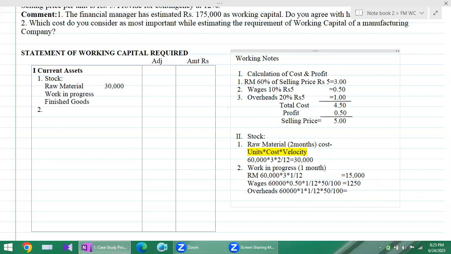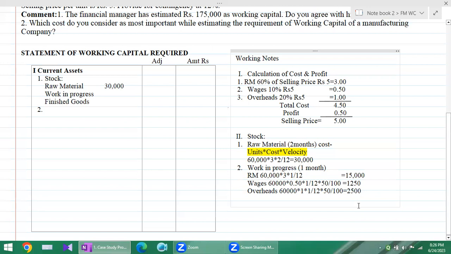Take it as 60,000 number of units into 1, is nothing but again 60,000 into 1 divided by 12. Again, directly you can take it as divided by 12. Is equal to 5,000 you get. 50% of 5,000 is nothing but 2,500, right? 2,500. So make the sum of all this.